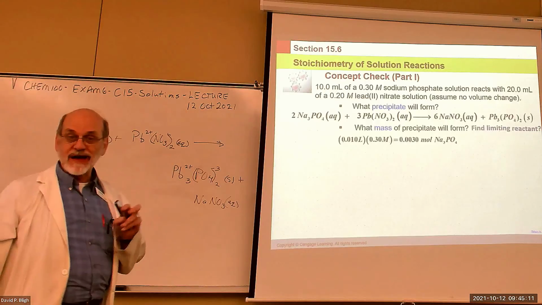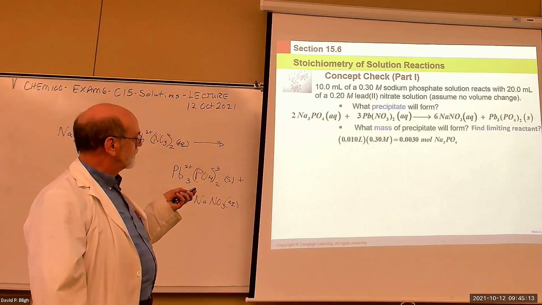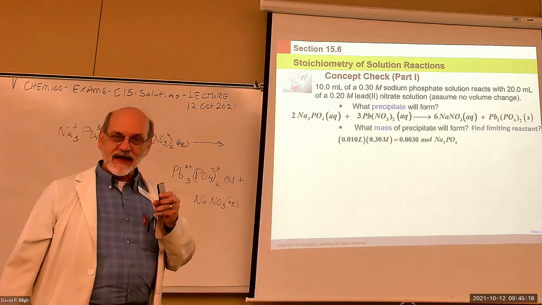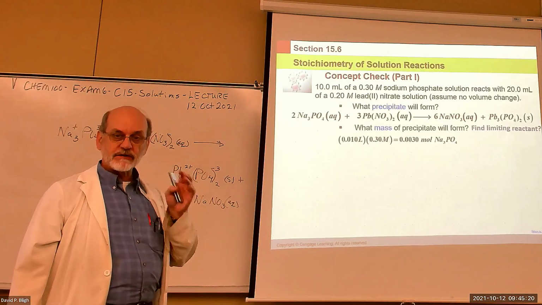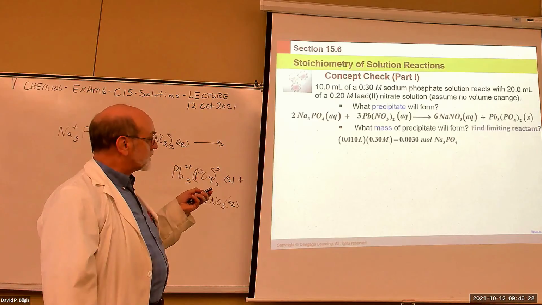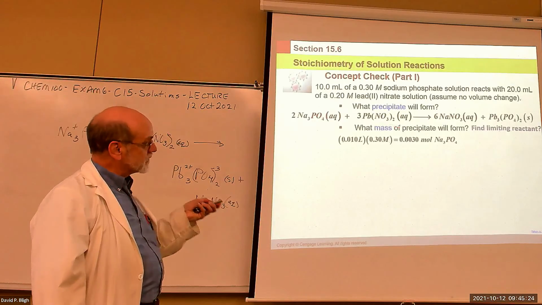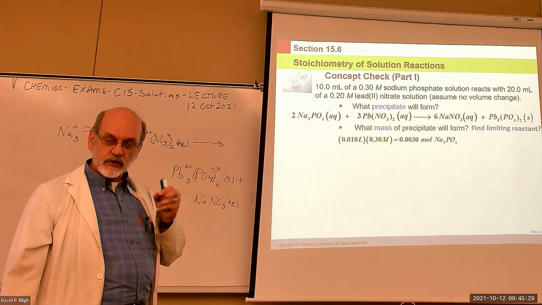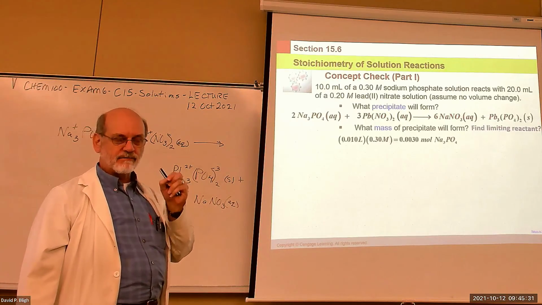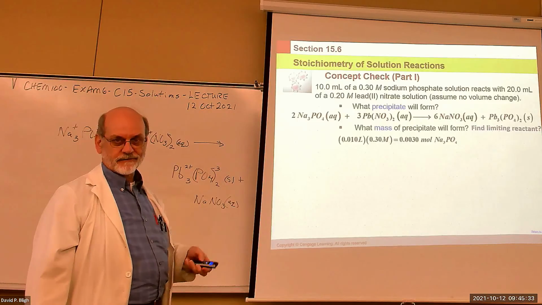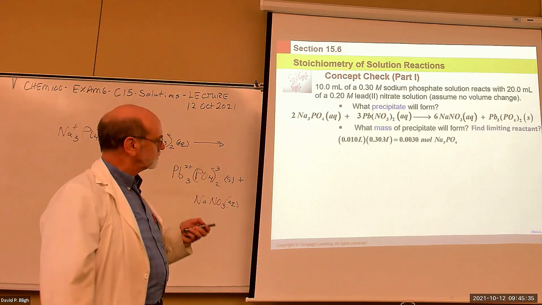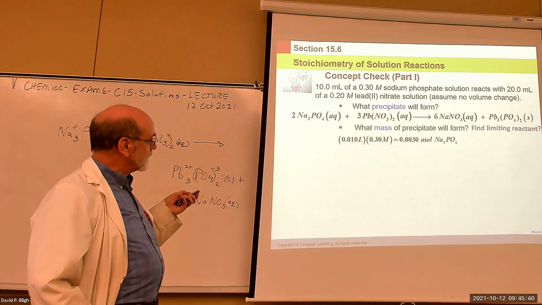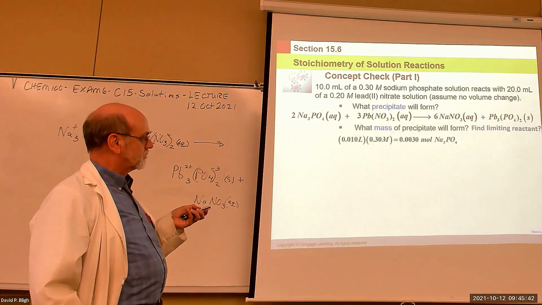And the equation has been balanced for us here. Right? Coefficients of 2, 3, 6, and 1. And we did that using the budget method. And since the phosphate is the same on this side as it is on that side, and the nitrate's the same on both sides, we can use those polyatomic ions as balancing units. You don't have to break them up into elements. And once we use the budgeting method, we get these coefficients for our balanced equation.